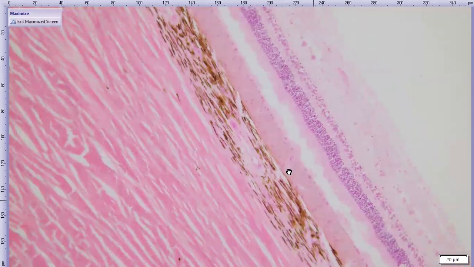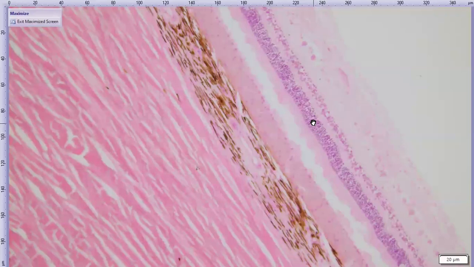What you're going to find in a mammal compared to a bird is a very thick outer nuclear layer. Remember, these are the nuclei of the rods and cones, and mammals are going to be light-sensitive, adapted. They're going to have a larger number of rods compared to reptiles.